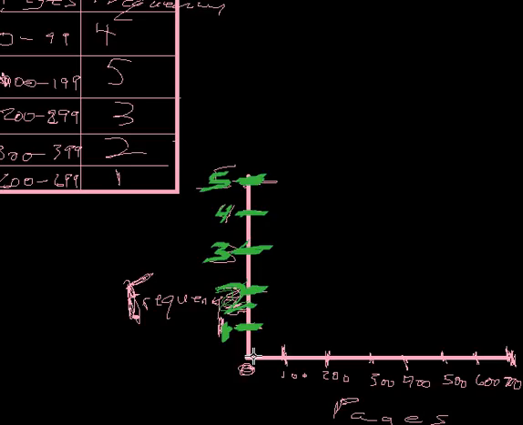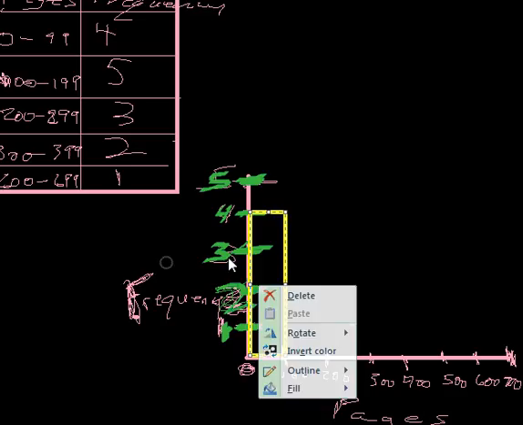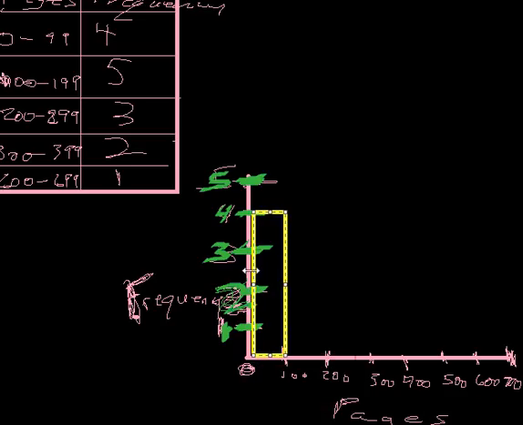Okay. So between 0 and 99 pages, I had 4 people. So I've got to bring my histogram bar up to 4. Cool.